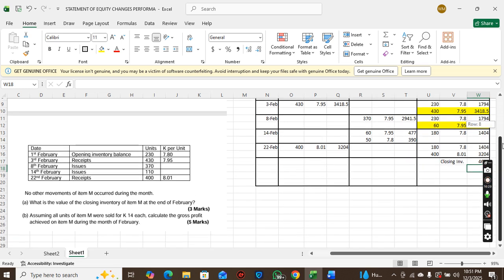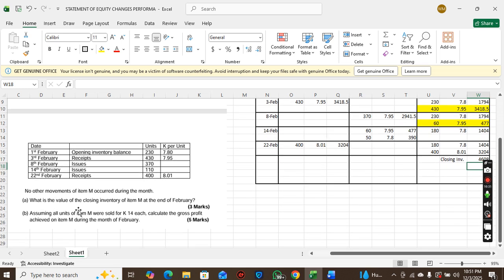Part B. Assuming all items of M were sold for 14 kwacha each, calculate the gross profit achieved on item M during the month of February. So remember, gross profit is sales minus cost of goods sold.